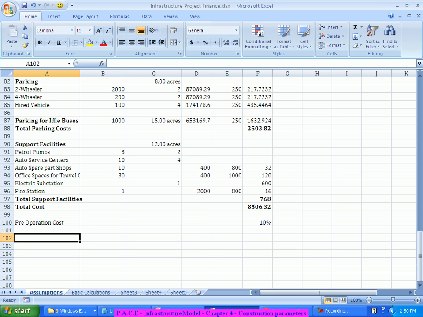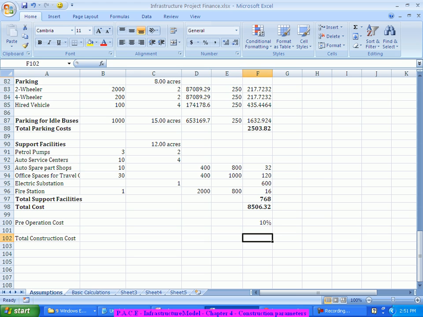So from there we can even put total cost post total cost after the pre-operation cost, which is what I am calling it as the total construction costs, including the pre-operations.